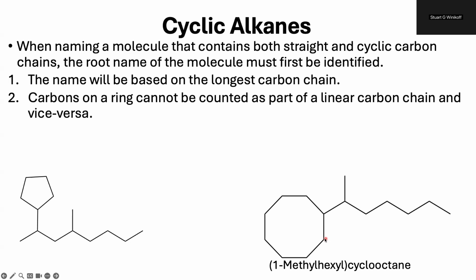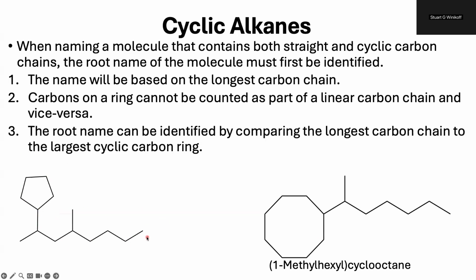The trick here is that carbon atoms on a ring can't be counted as part of a linear chain. So I can't just start here and work my way around down on the chain. I have to compare the size of that ring versus the size of the chain. And again, the root name will go to whichever is longest, that straight chain or that ring.